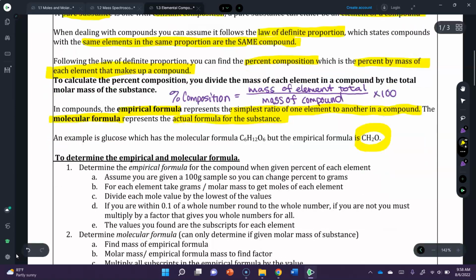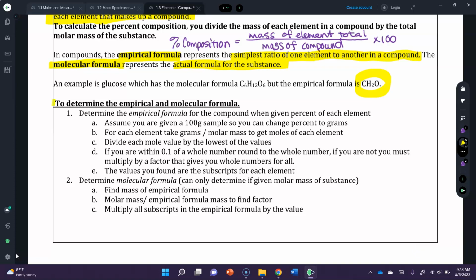Okay, so to determine the empirical and molecular formulas, we have this procedure and process. I'm not going to go over it, but there are a couple key parts. One is that you assume that you have a 100-gram sample, so your percentages become the masses you work with.